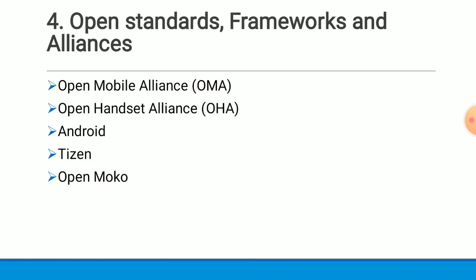Then moving to the next, fourth one is open standards, frameworks and alliances. Some of the open standards, frameworks and alliances in the mobile handset industry are given below. That is OMA, OHA, Android, Tizen and Open Moco. So first one is Open Mobile Alliance, OMA. So it's a standard body for developing open standards for mobile industry.